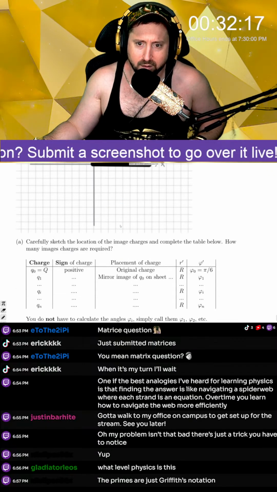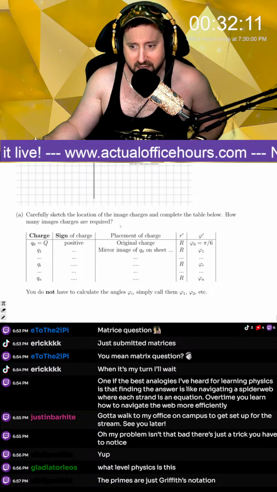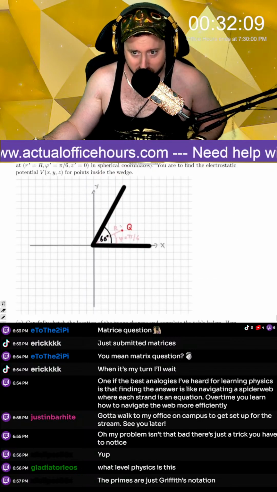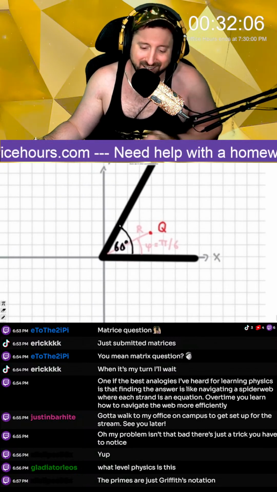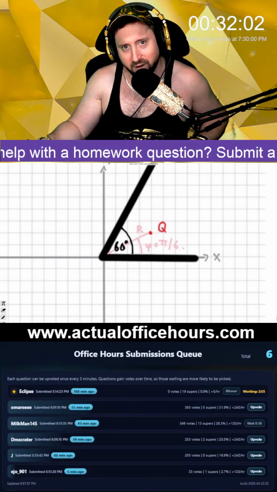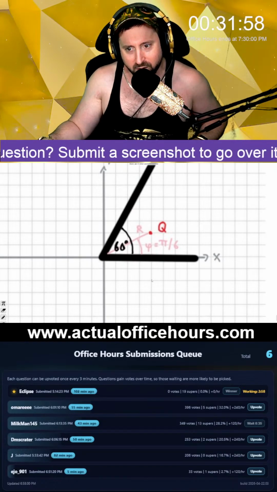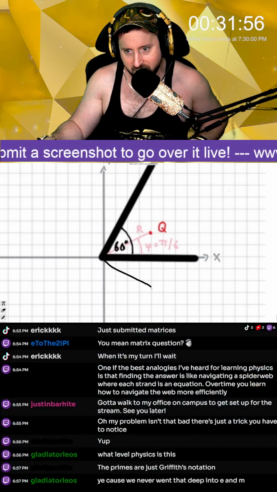But then, calculate the location of the image charges and complete the table. And then we don't need the angles, but wait, how do I know how many image charges I need? Because if I need zero potential here, don't I just need another one here that's like minus Q?